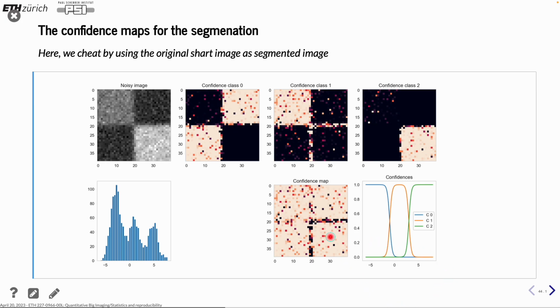Confidence curves to the middle here goes up the orange one. So this is a tool how you can see how well you have segmented your actual image. And that's not based on the ground truth, but it's only based on the data itself.